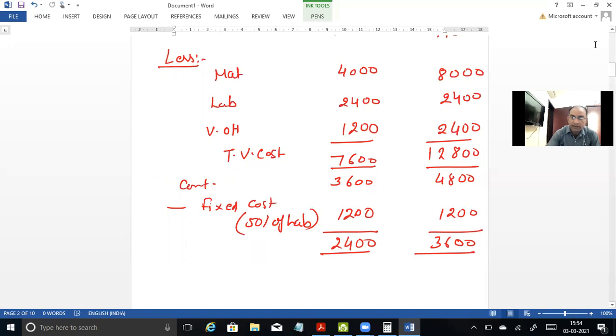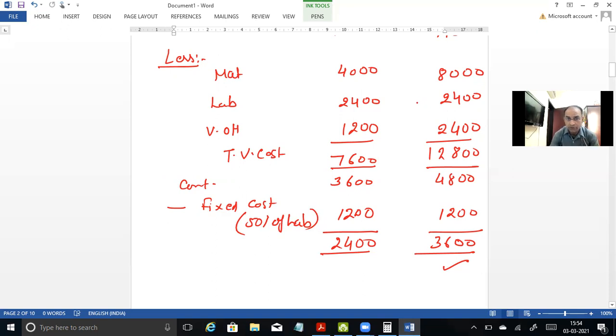So here it is clear. We have proved that if we produce only B, then our profit would be more, because 4,800 labor hours are available, meaning the complete 4,800 labor hours. If we use them just to produce only B, not producing product A, then we get a total profit of 3,600.